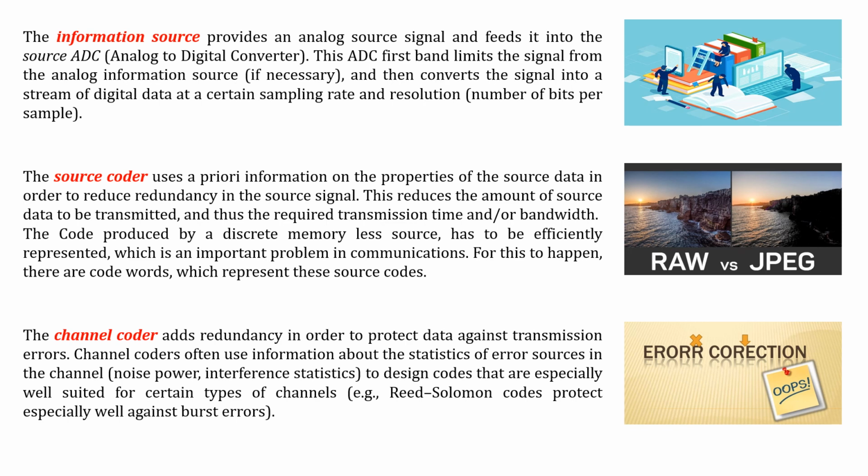There are possibilities that my information gets some errors. So in order to identify the errors and to overcome them, certain error detection and error correction codes have to be added to my data. The process of adding these codes is taken care of by the channel coder. There are certain examples here. For certain types of channel we may use Reed-Solomon codes to protect, especially against burst errors.